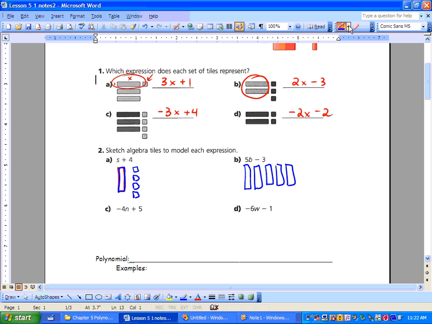And we've got a negative, and I'm going to put these in red. 1, 2, 3. What do we have? Oh, we got negative again, so that's going to be 4. 1, 2, 3, 4. And then it's going to be 5 positive little squares. Over here, we've got negative 6w, and minus 1.